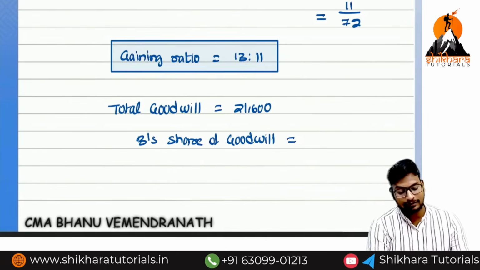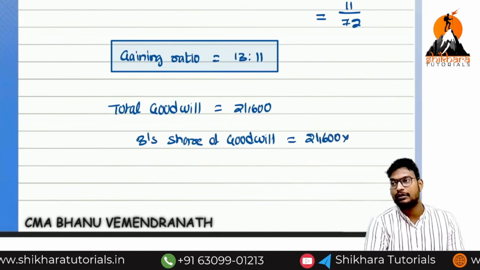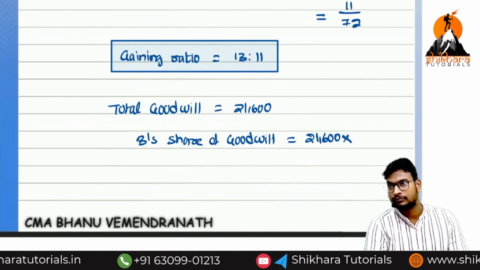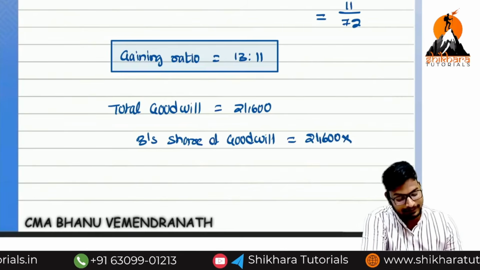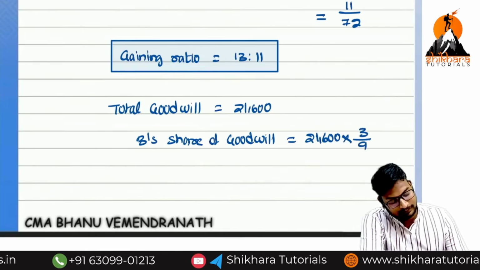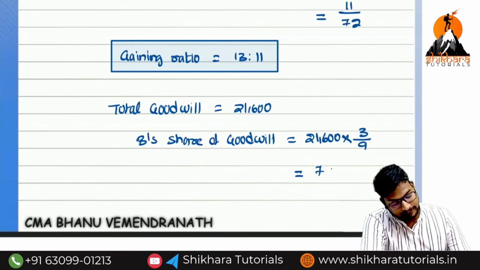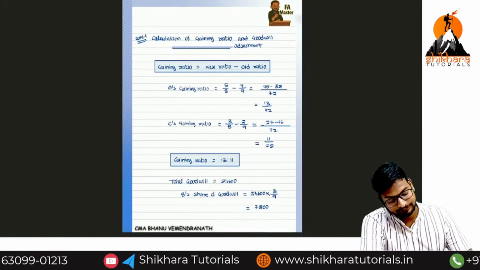B's share of goodwill you need to identify, na. What is the old ratio of B? 3 by 9. So 21,600 into 3 by 9 is 7,200.